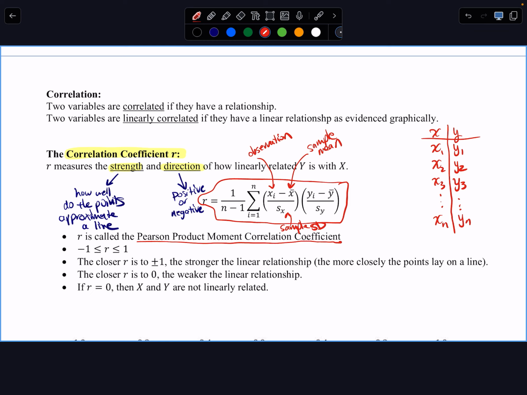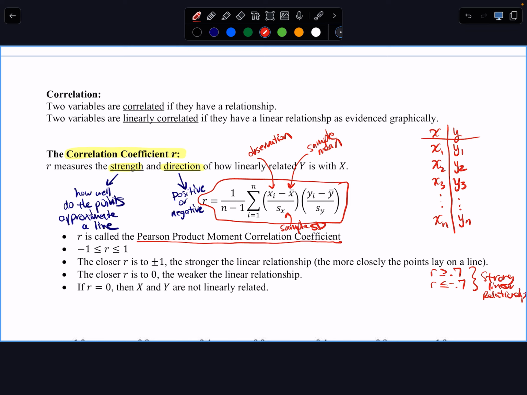Usually if R is greater than like 0.7 or R is less than or equal to -0.7, we say that that's pretty much a strong linear relationship.